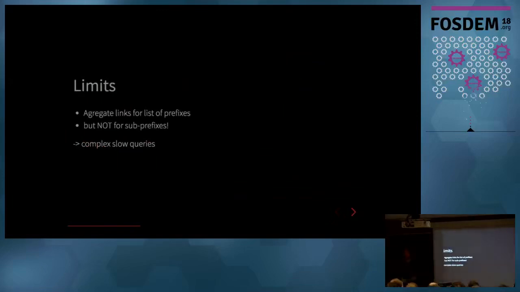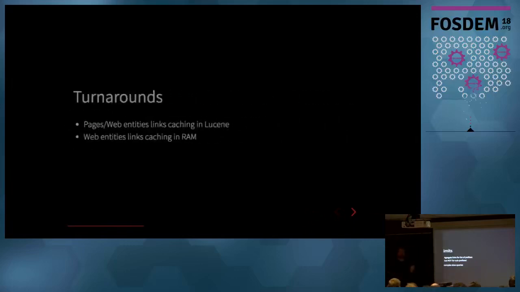So this creates another limit, is that the querying with Lucene now is becoming a lot more complex and a lot slower, because as soon as you have sub-web entities and sub-prefixes, you need to do queries with and add not clauses to your queries to say, I want to follow this prefix, but not all of those before, or not all of those behind. So this makes the queries a little bit more complex, a little bit slower.